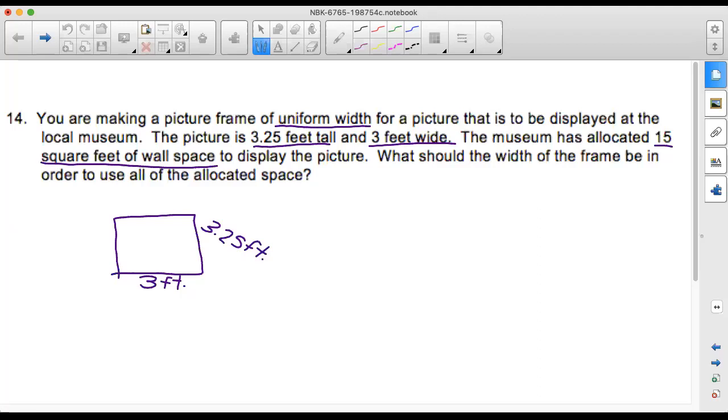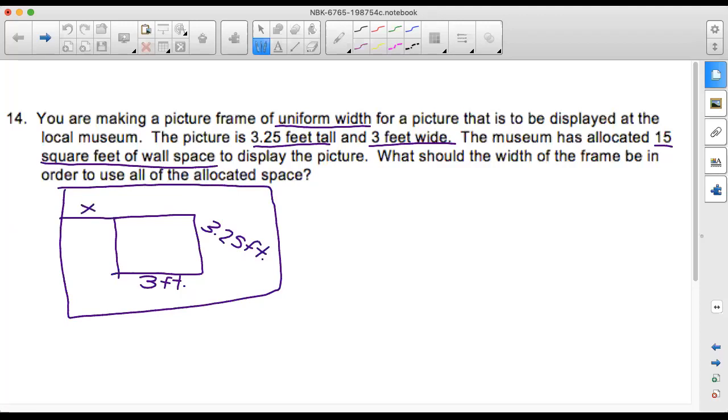Good. So this is like that full deck problem. So my frame here, I'm making it big. I'll go ahead and make that x. That's an awful frame, but I think you understand the picture here. So we have 15 square feet to use.